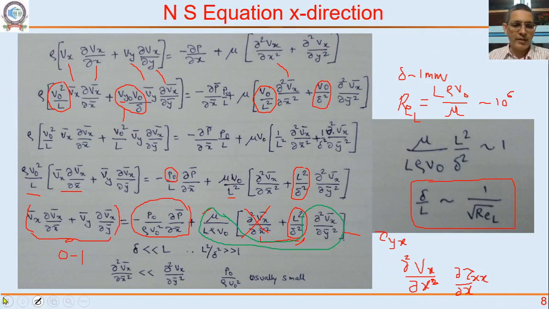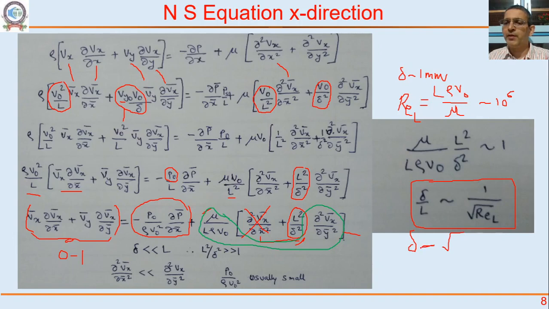Let me rub this a little bit now. I need some space. Delta is going to be proportional to square root of 1 by REL.